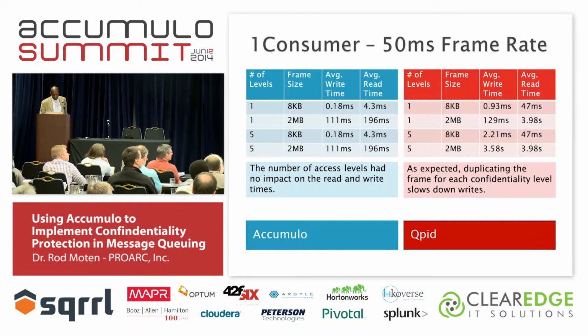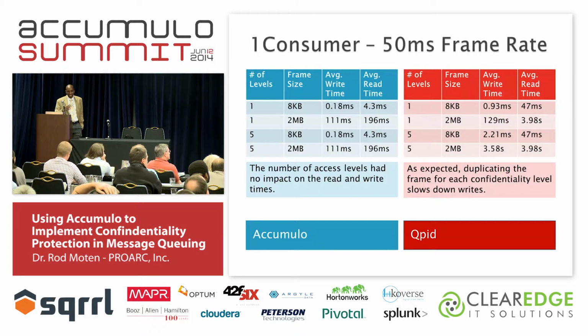But anyway, this is expected, right? If you're writing things 5 times, obviously it's going to be worse than if you're doing it once. But notice the significant difference: 4.3 milliseconds for Accumulo and 47 milliseconds for QPid.